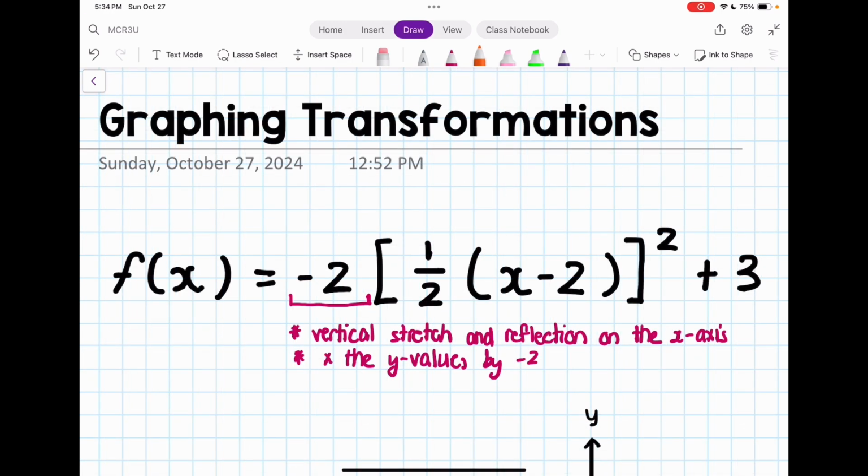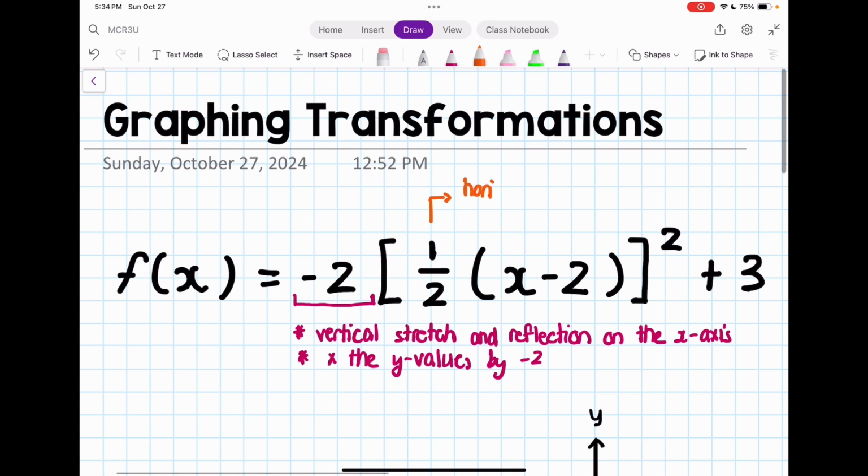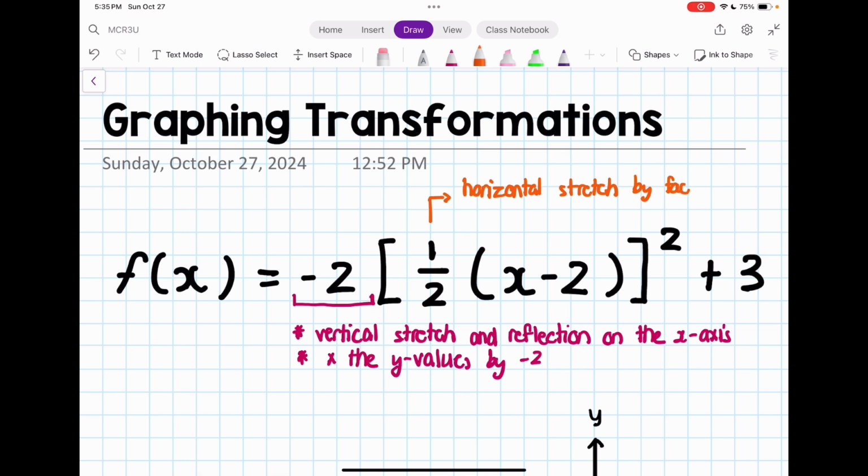The next transformation we're going to look at is what happens because of that a half. So this is a horizontal stretch, and it's by a factor of 2. So what we do here is we multiply the x values by 2.